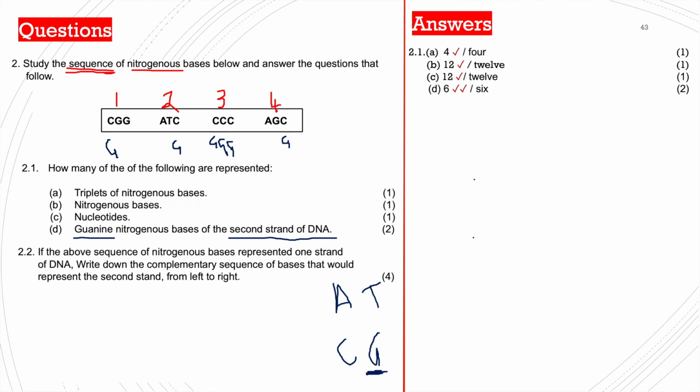If one strand of DNA has C, G, G, A, T, C, C, C, C, and A, G, C. The complementary strand would code for, remember our analogy, apple falls from the tree, car parks in the garage.